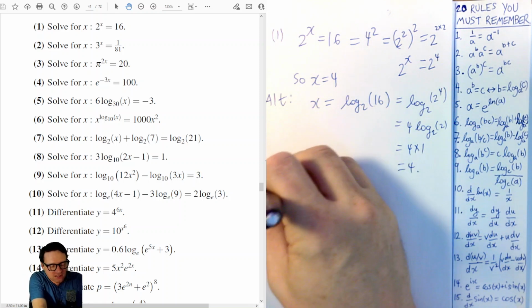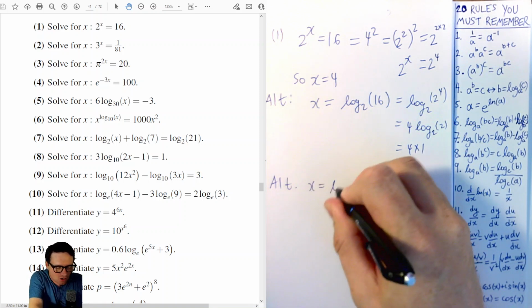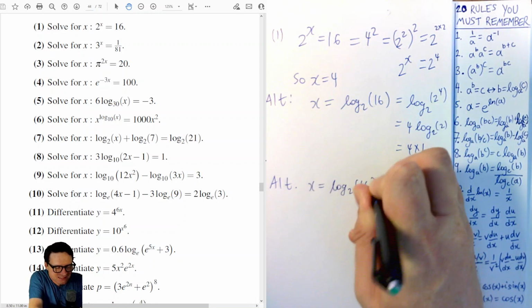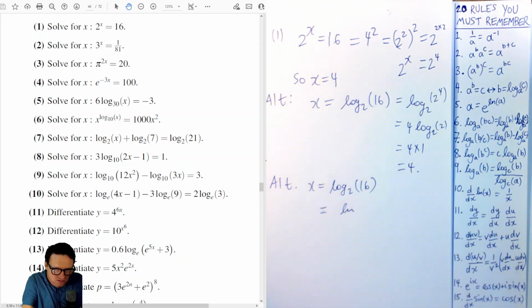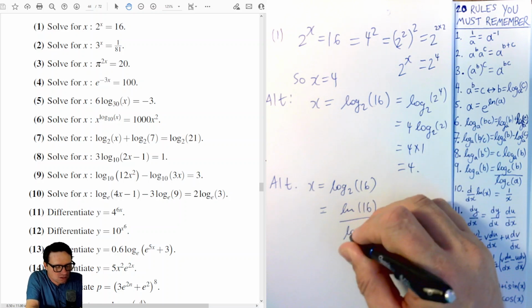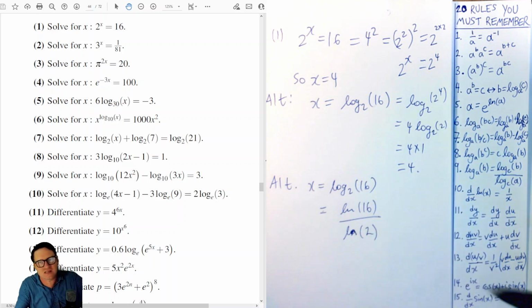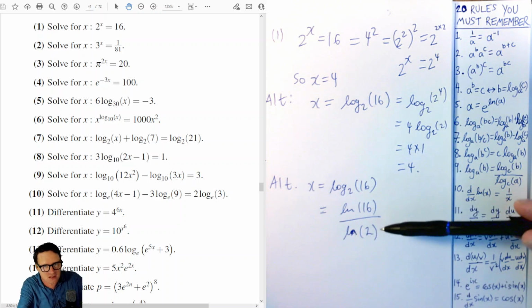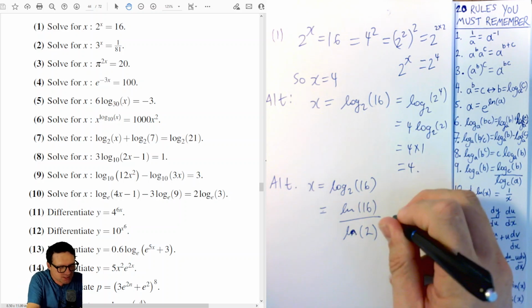Alternatively, again, we could say x is equal to log to base 2 of 16, which is the natural log, or log to base e, of 16 over log to base e, or ln, of 2, and then punch this in the calculator. You'll get a number for this, you'll get a number for this, and the quotient will give you 4.0.